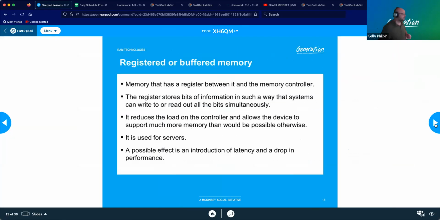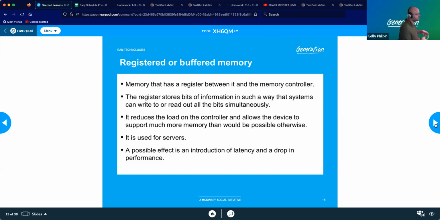All right. So registered or buffered memory. This is essentially a memory that has a register between the memory and the controller. It stores bits of information, creating essentially a buffer in such a way that the system can read out all the bits at the same time, making it a little bit easier to work with.